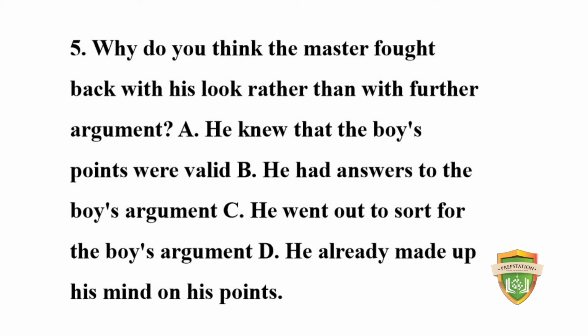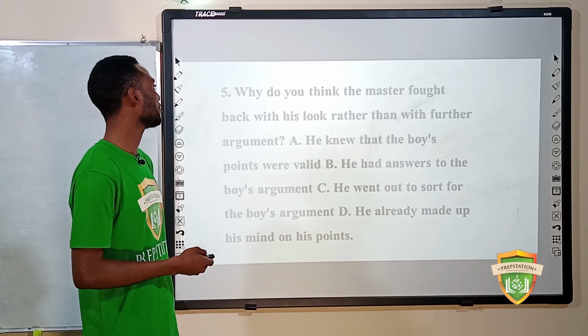The writer did not tell us why, but here the examiner is asking you why you think. If you read the passage over and over, you will not see it clearly stated, but you are going to make use of the information that is there to come up with the answer. So you don't even bother to answer this particular one until you get the past question, where you read it and then you answer.